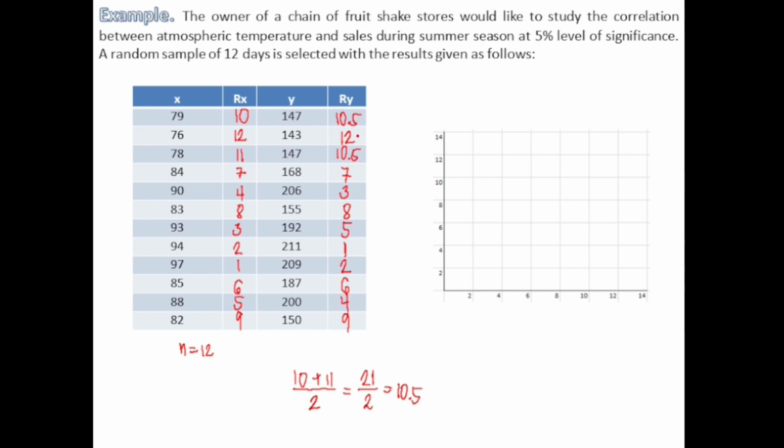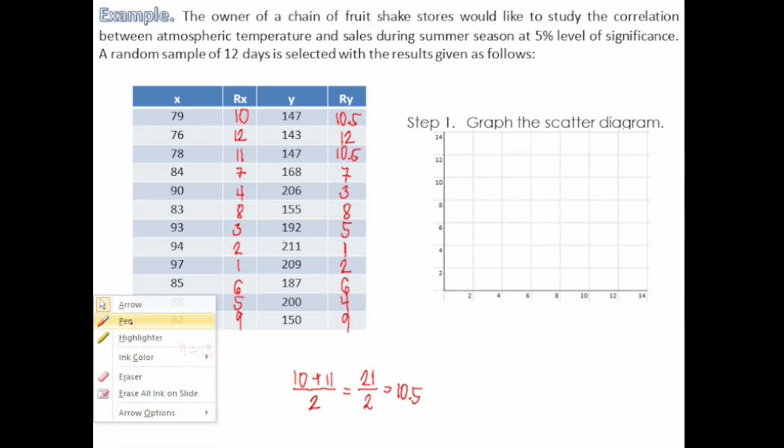Next, we're ready to plot sa ating Cartesian plane. So step number 1 na po tayo. Okay, sana po nakukuha yung difference ng dalawa, no? Sa pagplot ng Pearson r at sa pagplot ng Spearman's rho. Okay. So dito, same pa rin po ng gagawin.